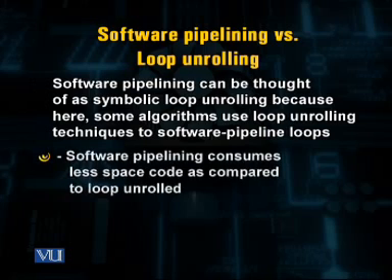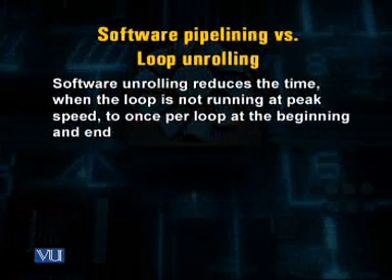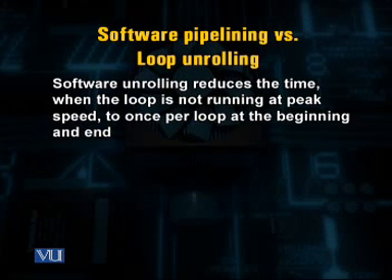Furthermore, software pipelining consumes less code space as compared to loop unrolling. This is quite obvious from our earlier example of loop unrolling and the code which we just discussed for software pipelining. Furthermore, software pipelining reduces the time when the loop is not running at peak speed. It reduces it to once per loop at the beginning and end.